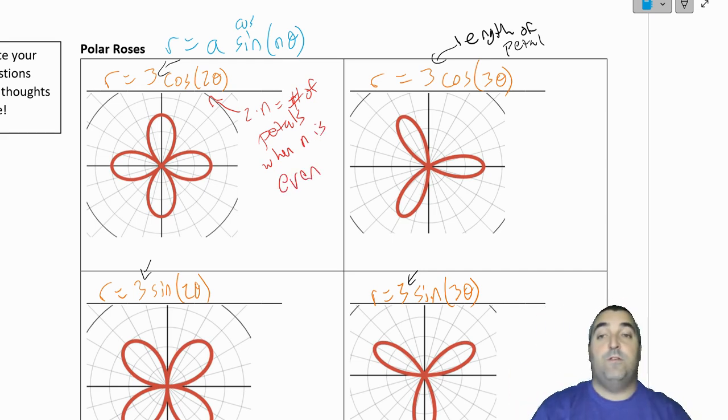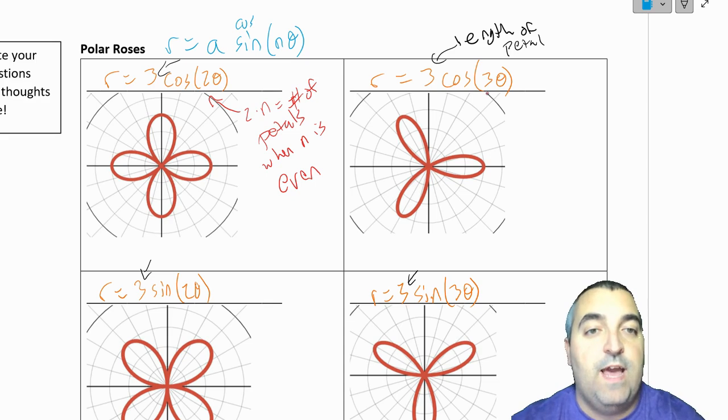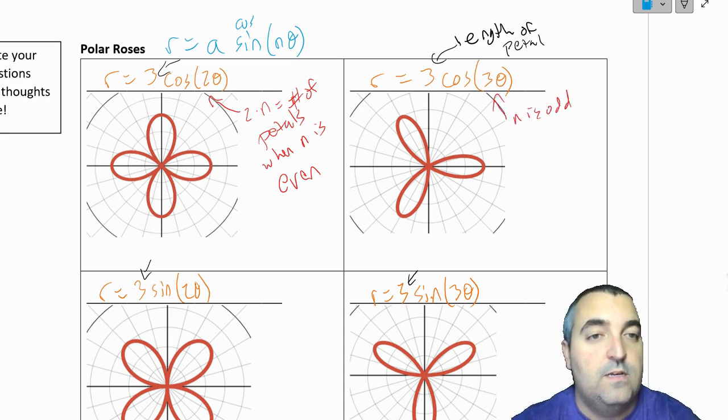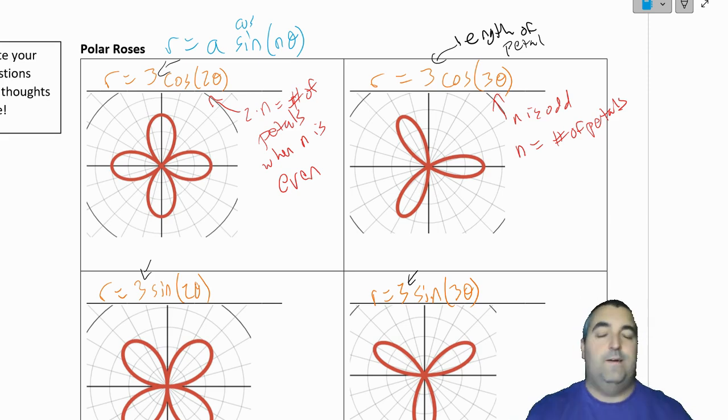So had that said 4 theta, you'd actually have 8 petals. 6 theta would be 12 petals, and so on and so forth. But when n is odd, n equals number of petals. So 3, 5, 7, that's telling you how many petals you have.